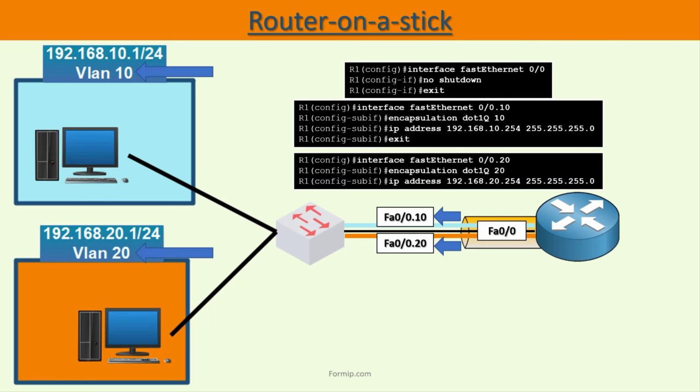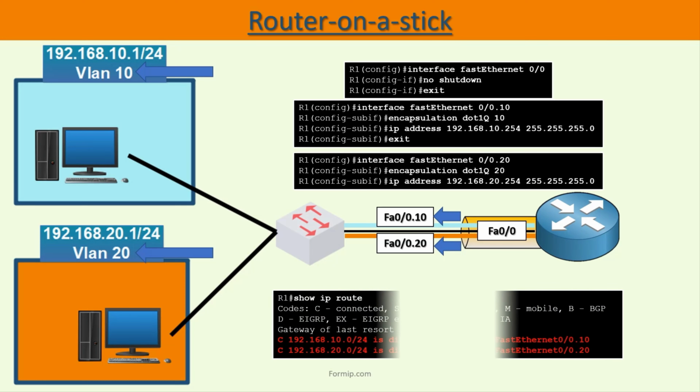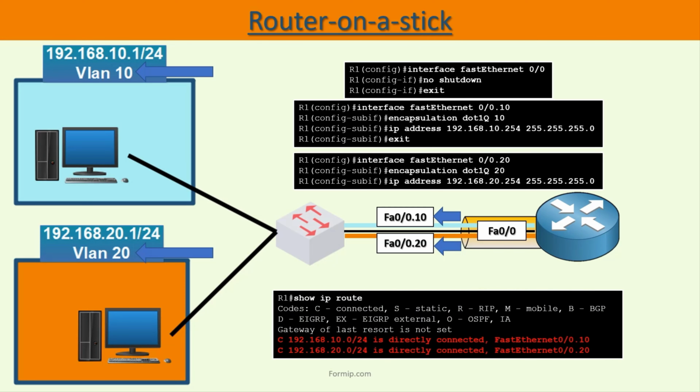And we're doing the same under interface 0/0.20. So 0.10 belongs to VLAN 10 and 0.20 to VLAN 20. And finally, we'll go and see what's going on in the routing table with the show ip route command.